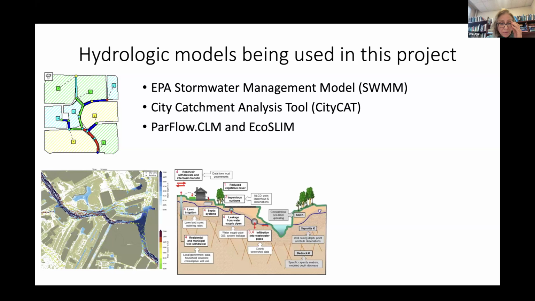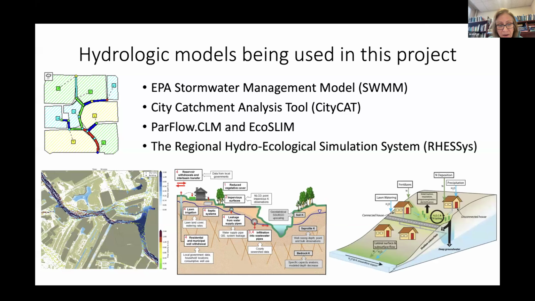The next model we would like to mention is ParFlow, which started off as a groundwater model. I'll give you some more details in a minute. It's a coupled groundwater surface water model, coupled with a land surface model, and then EcoSlim is an advective transport model. I'm going to be talking about that in detail.